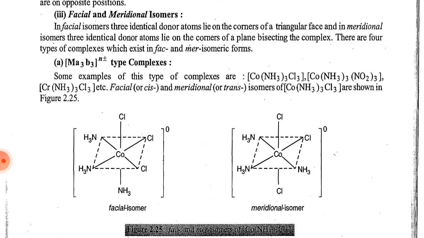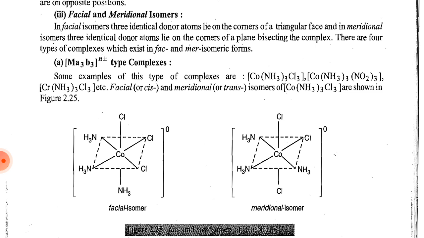So what is the facial isomer? Three donor atoms of a ligand are the same as each other, and they occupy the corner of a triangular face.